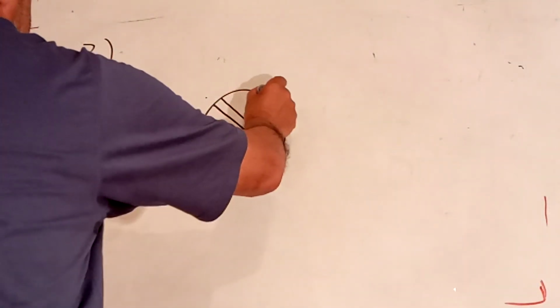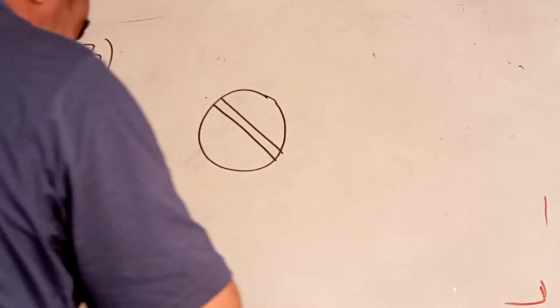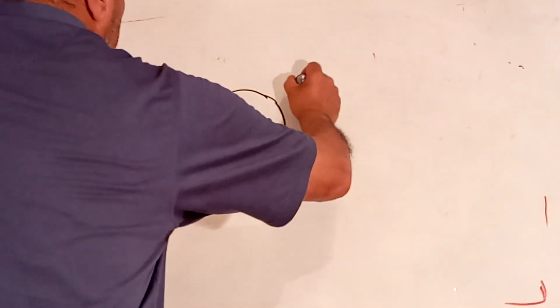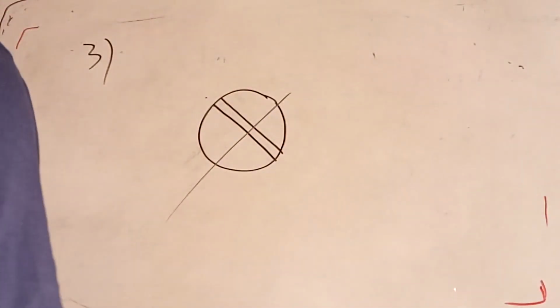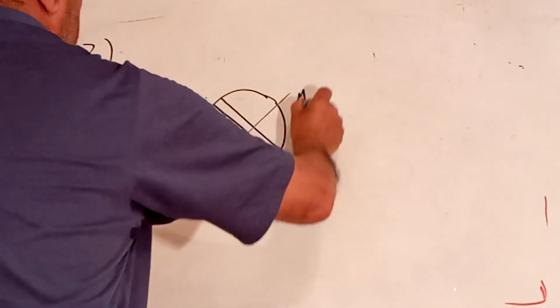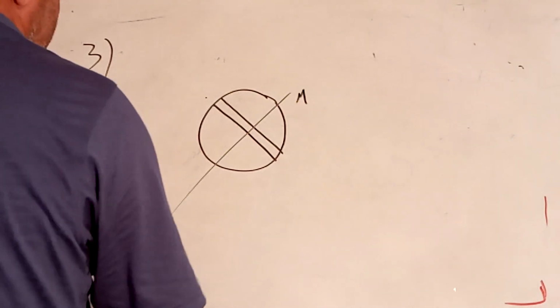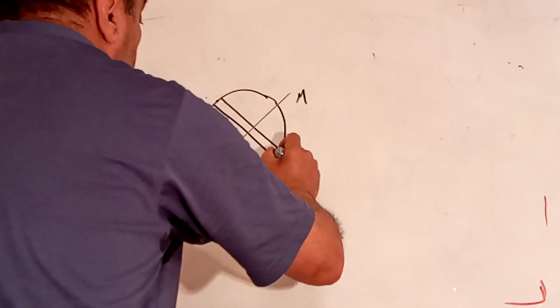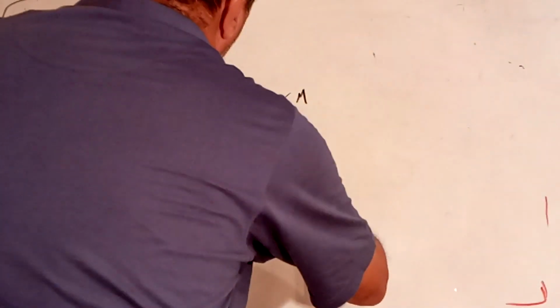How many lines of symmetry does this have? This one will be a line of symmetry, of course. So this is maybe a mirror. But another one, where could it fit? Here in the middle, between here and here. Look at this mirror here.